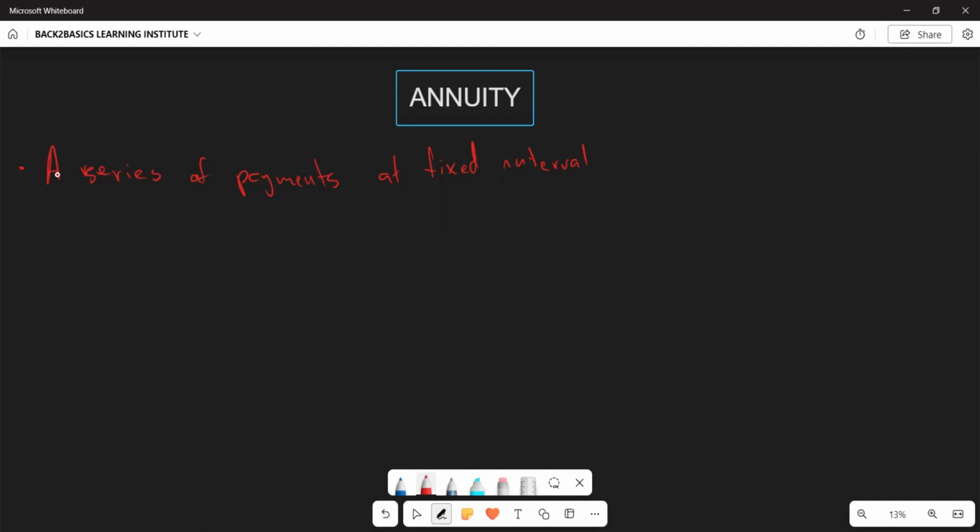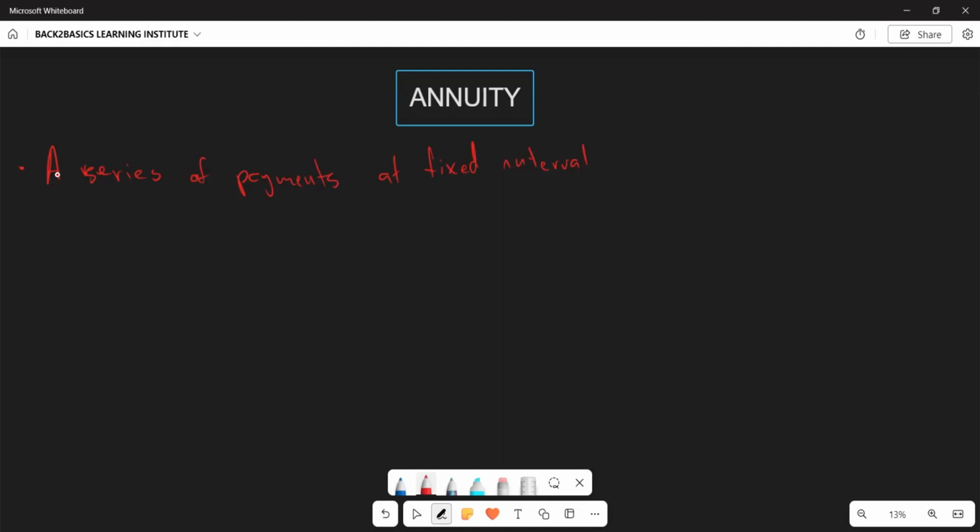The financial plan that you usually make is going to be an annuity, because you are going to plan in such a way that you pay back the loan at a fixed interval for a specific duration. So this is going to be the regular monthly installments that you are going to pay.